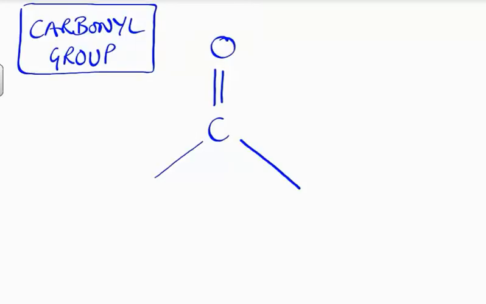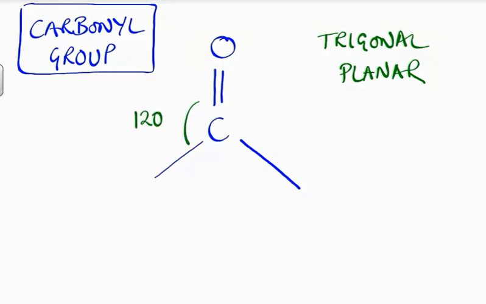We'll have a look at the carbonyl group in more detail. So I've drawn it out a little bit better here, showing its correct shape and geometry. So a very important group in organic chemistry. The shape, as you can probably see from how I've drawn it, is trigonal planar, which means the bond angle is 120 degrees around that.